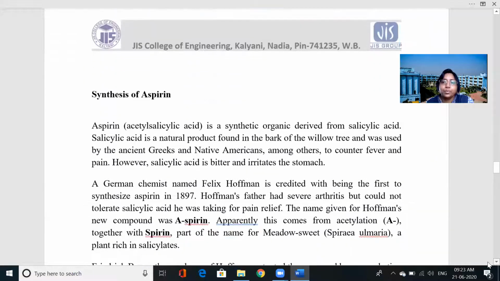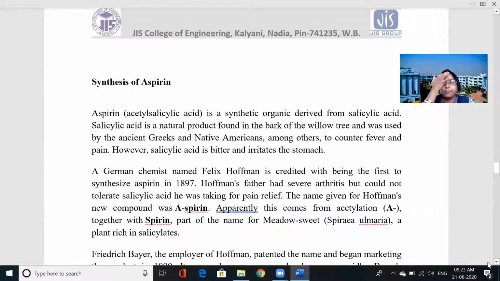So mainly you will learn the synthesis of aspirin and paracetamol. These two we use in our daily life. These are very commonly used to relieve pain and fever. Aspirin, basically acetyl salicylic acid, is a synthetic organic compound derived from salicylic acid.